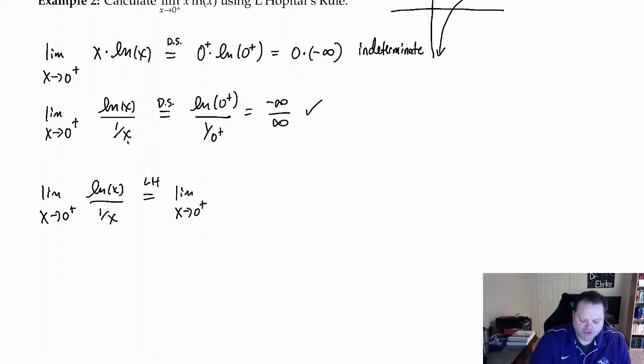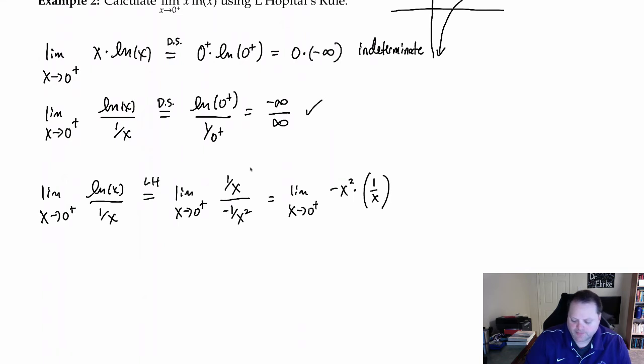The derivative of natural log is 1 over x, and the derivative of 1 over x is minus 1 over x squared. Now, if you get ahead of yourself and reapply the limit, you'll get infinity over negative infinity. So nothing will change here if you just simply plug 0 in. But if you notice that you can do a little bit of algebra, this is the same thing as negative x squared times 1 over x.